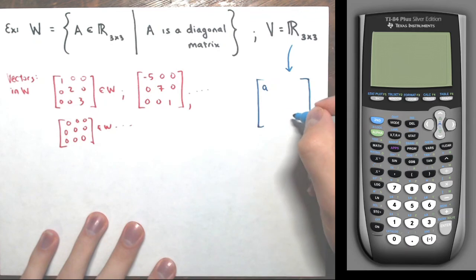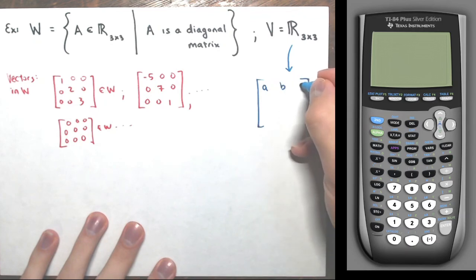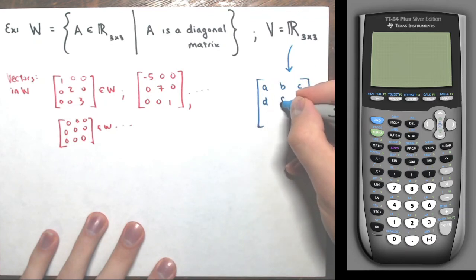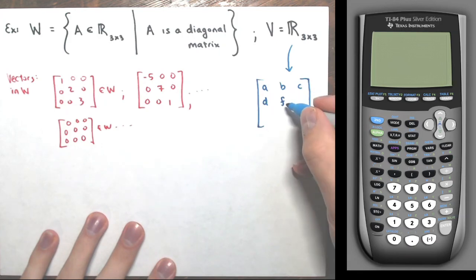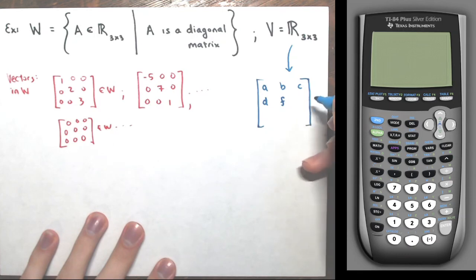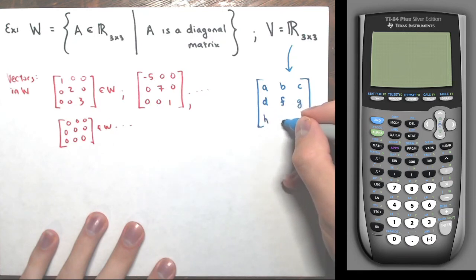I'm just going to do A, B, C, D, F. Again, I don't like to write E because of the number e, 2.718 and so on. So E, F, G, H. And again, I don't like to write I because people often confuse that with the imaginary number i. So it's J and then K.